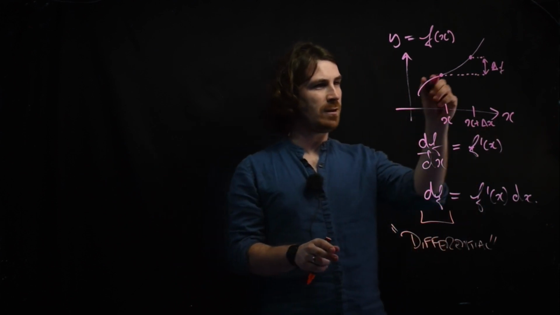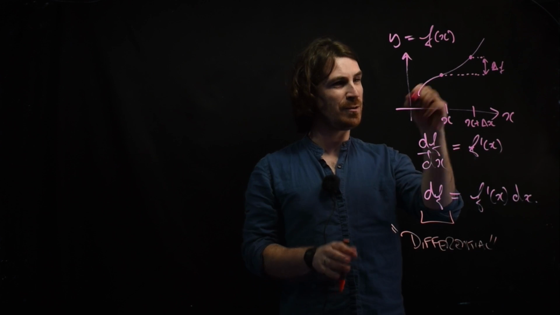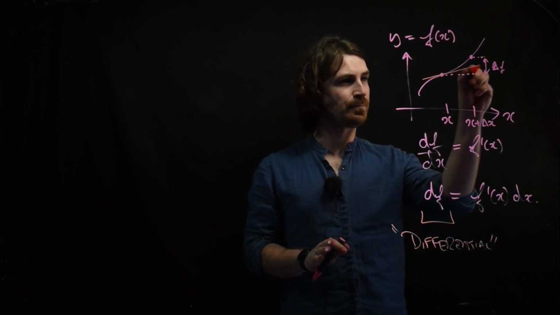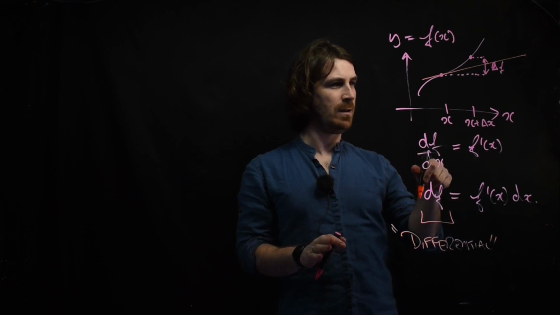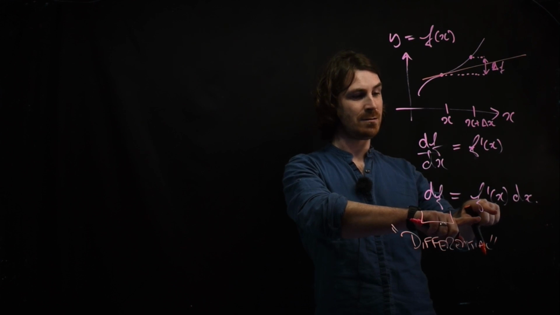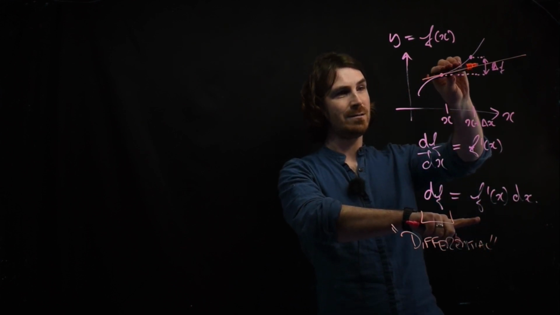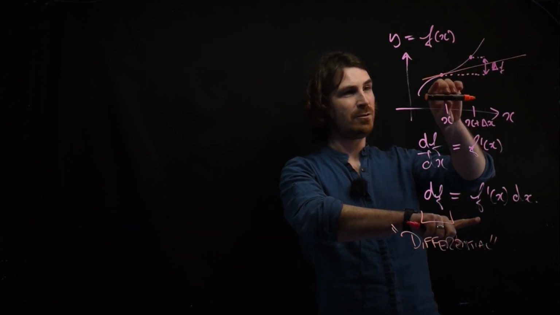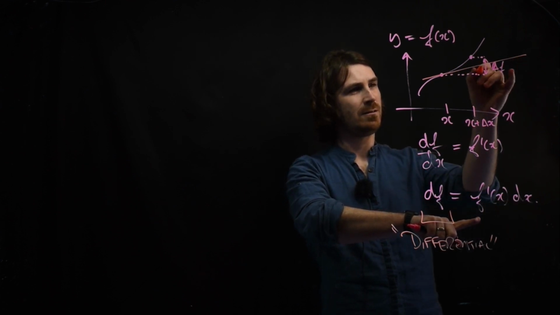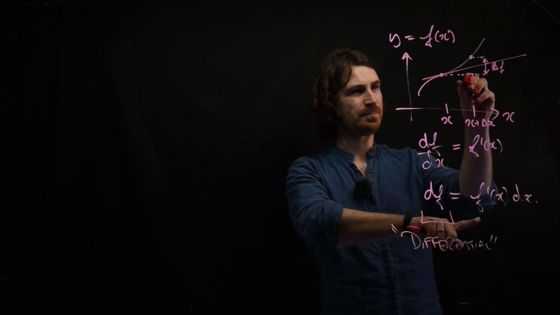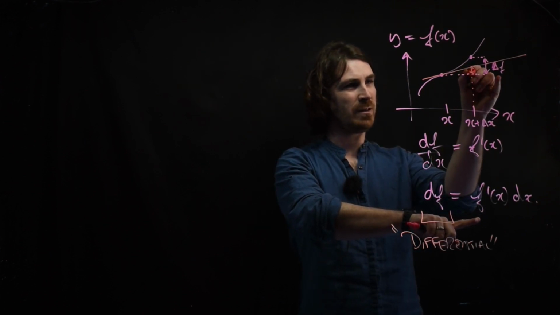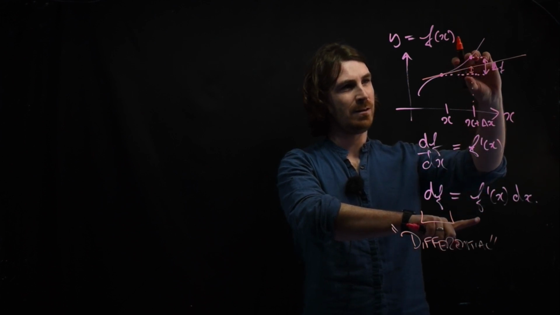But the df is actually the linear approximation. So we take the tangent at this point x, and this df is the rate of change of x at this point. So this is the tangent, the rate of change of x times the delta x. So if this is delta x, then this only changes by this amount, not this amount.